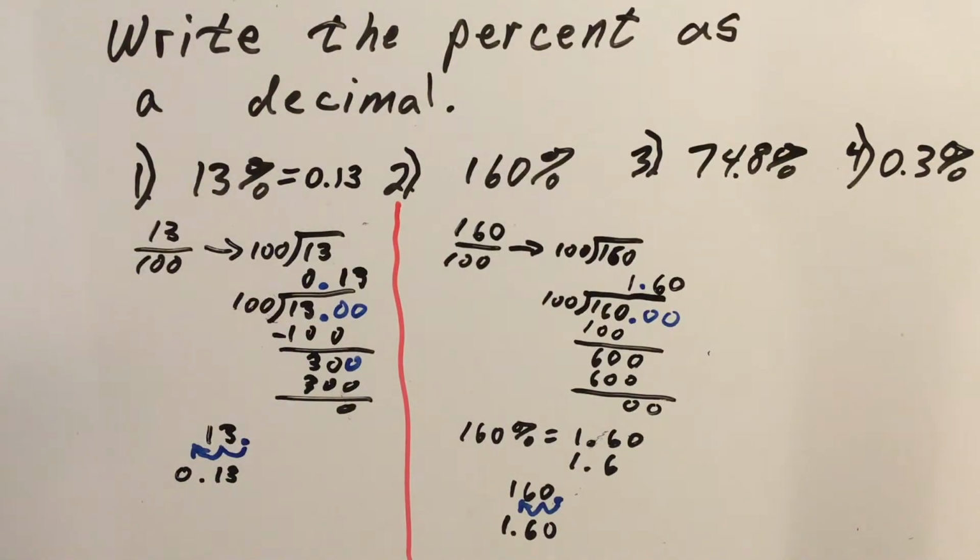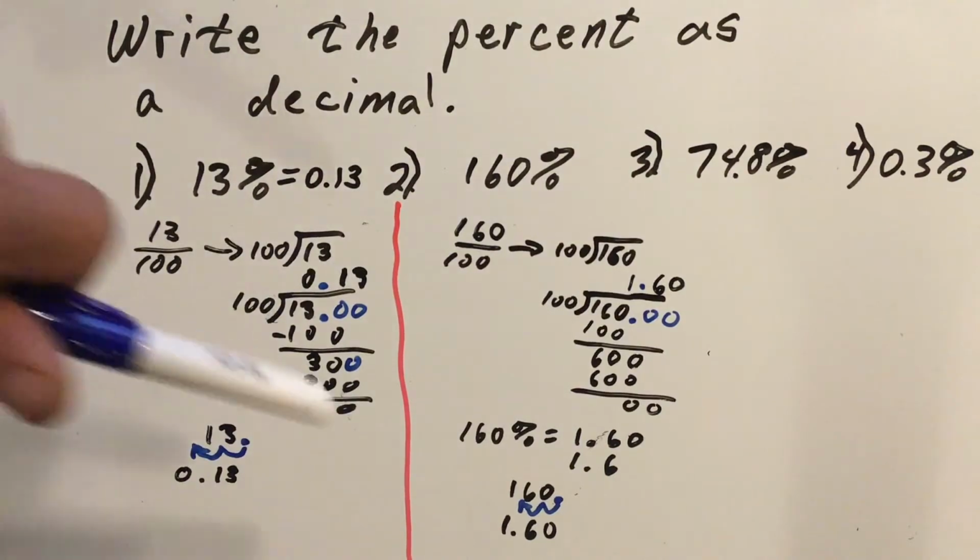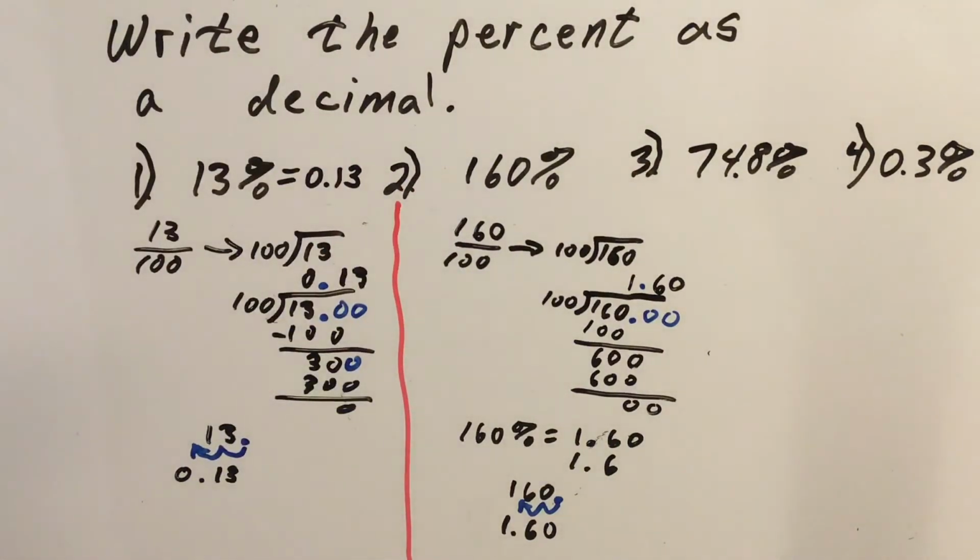So on the bottom, the next step, you'll notice that I wrote 160.00, or 160 and 0 hundredths divided by 100. And I did my process of dividing 160 and 0 hundredths by 100. You can see my steps here where I divided each step.